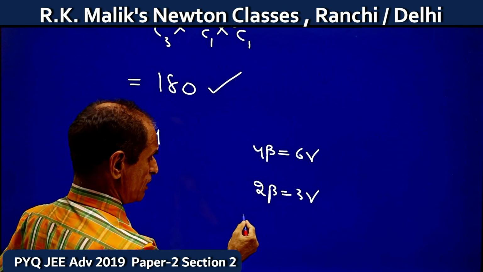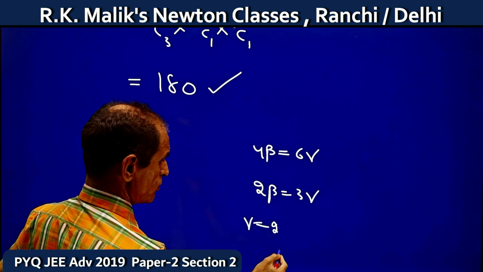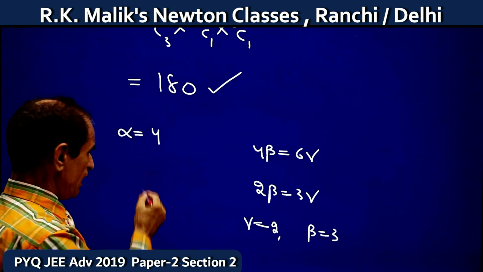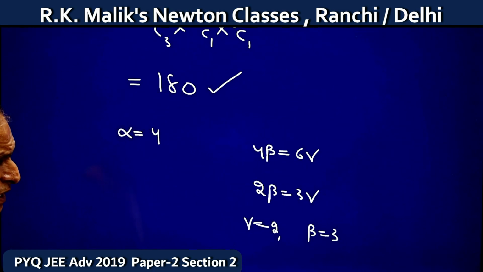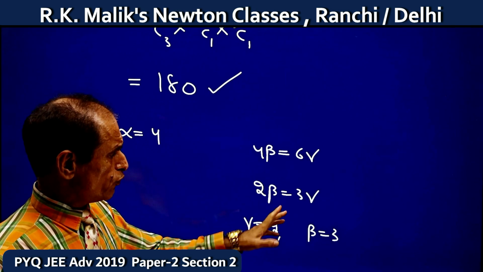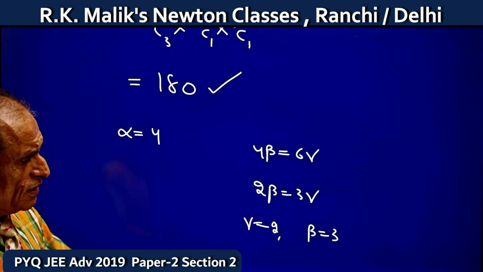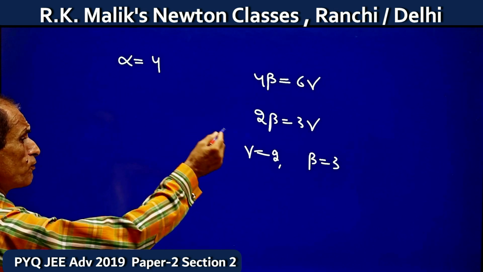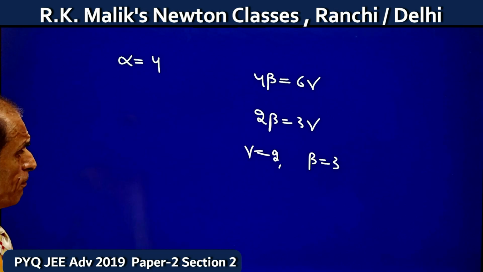And if I take gamma equal to 2, beta will become 3 and alpha is 4. Gamma equal to 4 is not possible because in that case beta will become 6.